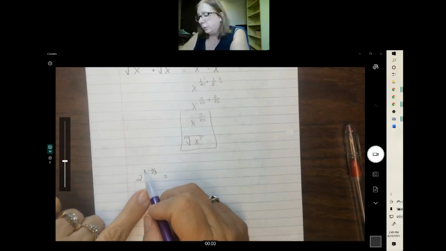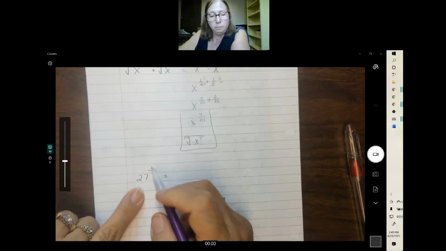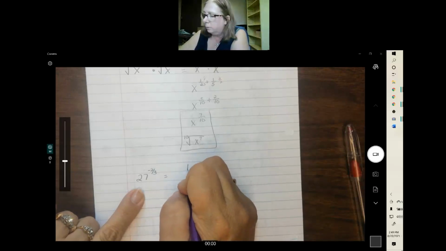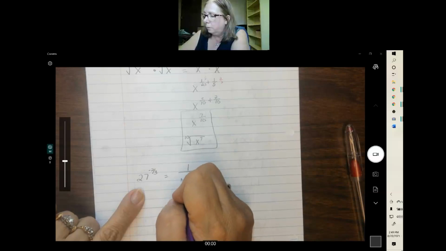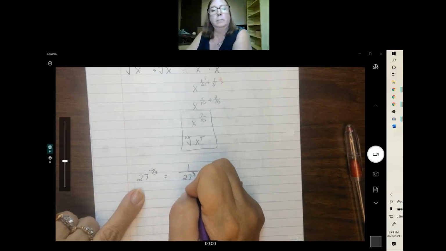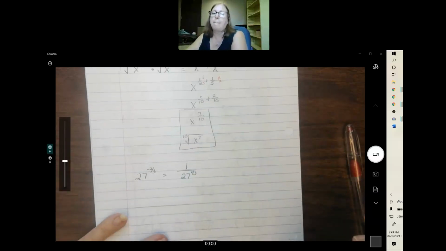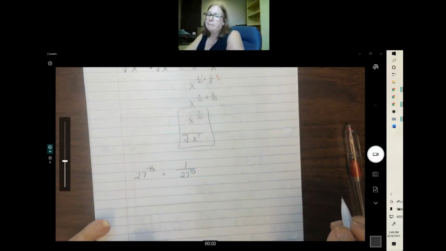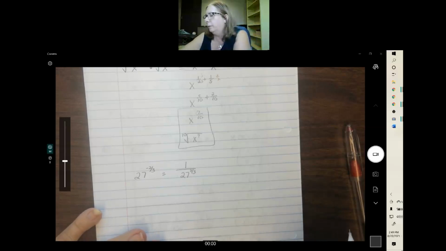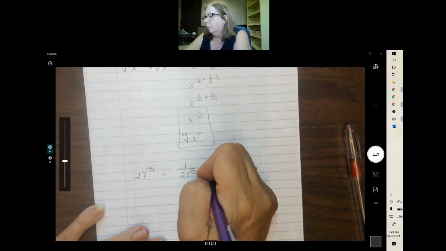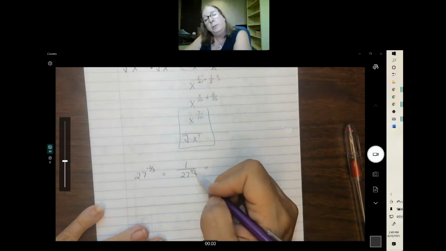Now, if you want to do the negative first, 1 over, write it first. This is not a nice problem. Oh, cubed root. Yeah, it is. It's not bad. The bottom is our root, so it's the cubed root squared.